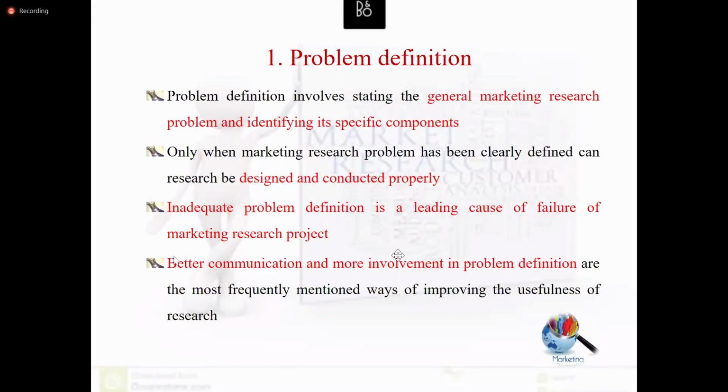Say, for instance, if the sales have dropped, that of course is a general problem. But we do not really know the implied facts that are contributing towards that. So in this case, we have to define the general problem, as well as the sub-problems, right? The sub-problems may be because of the competitors.